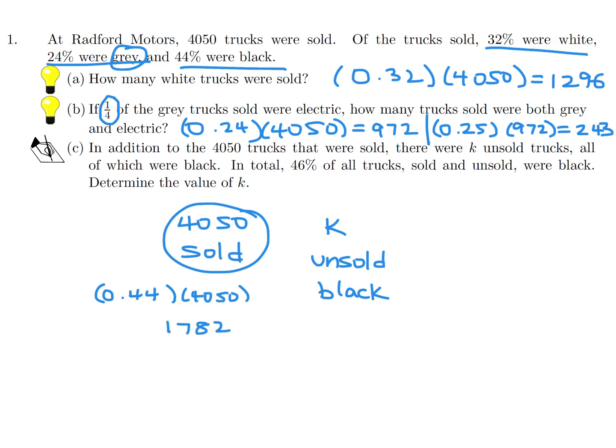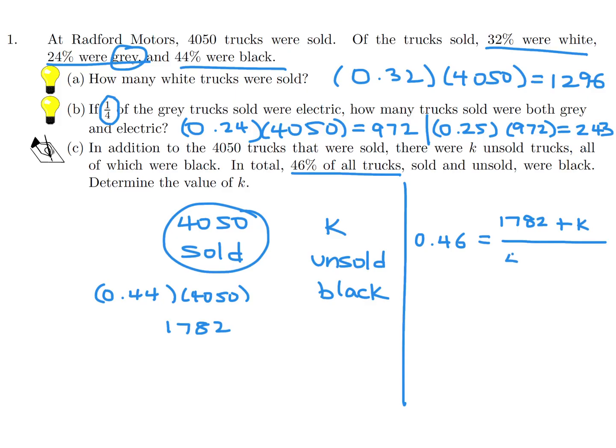And so now we get to what they're asking, which is 46% of all trucks, sold or unsold, were black. So that means 0.46 is the following fraction. The total of the black trucks is 1782 plus K, and the total of all the trucks is the 4050 plus K. And that's our equation.